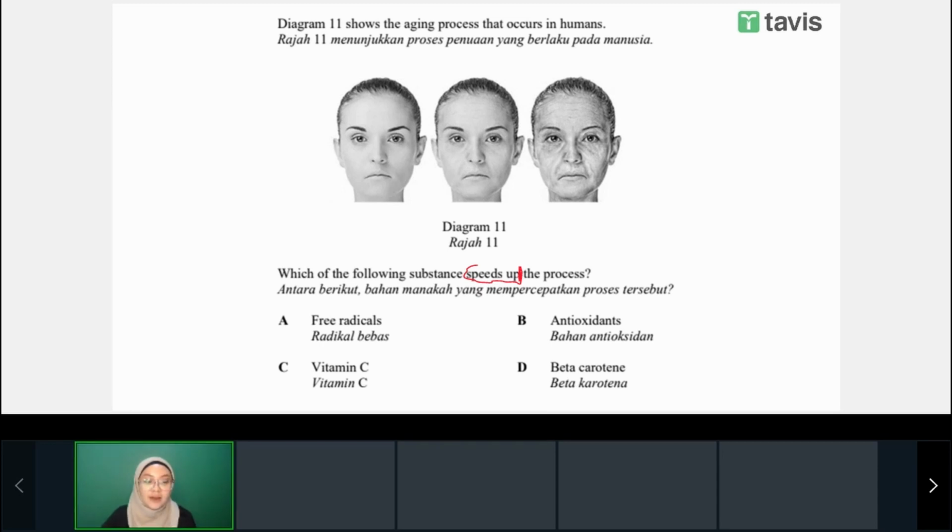Free radicals, vitamin C, antioxidants, or beta carotene? Beta carotene is an antioxidant. Antioxidants stop the oxidation process, so it is an incorrect answer. Vitamin C also no, it is also a part of antioxidants. So free radicals cause the speeding up of the aging process.